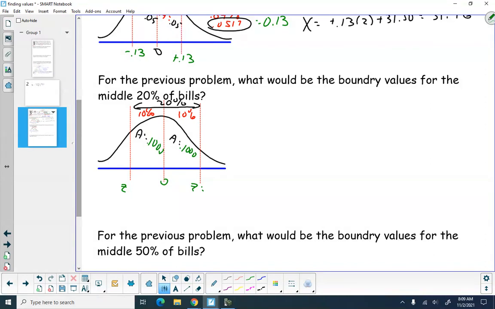And go down and do the middle 50%. Leave some room because I'm going to throw in another problem.